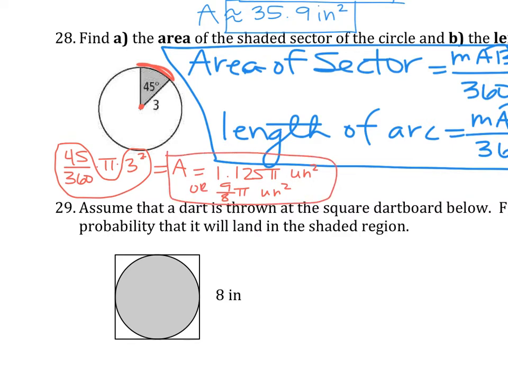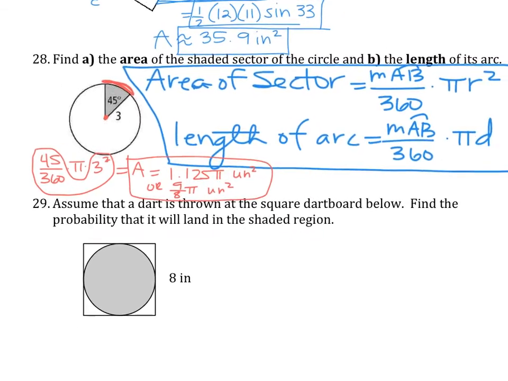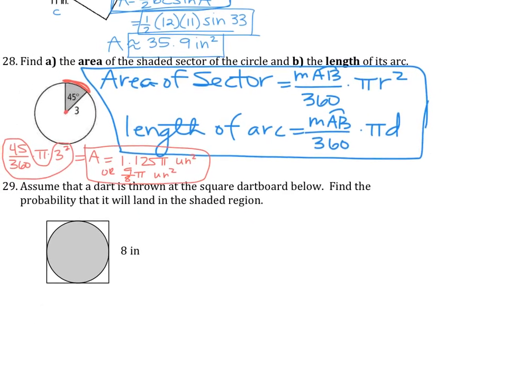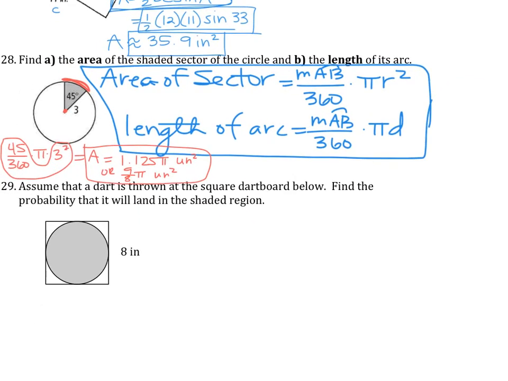Okay, so either one of these is fine. And then for length of the arc, we're going to move over here a little bit. You're doing the measure of the arc, so again, 45 over 360 times pi. What's d in that problem? The diameter, which would be 6, right? If your radius is 3, then your diameter is 6. So again, you're plugging this in. Don't plug the pi in.